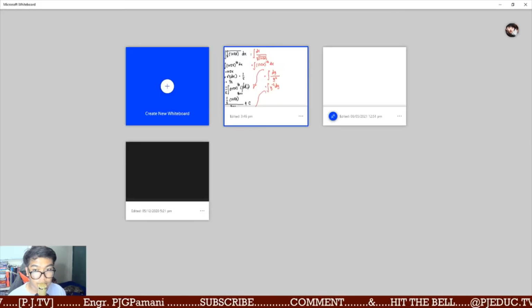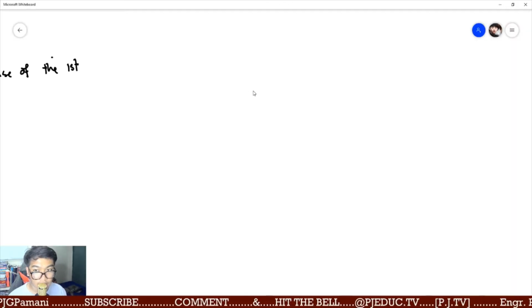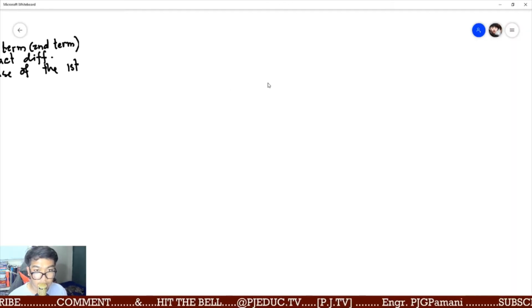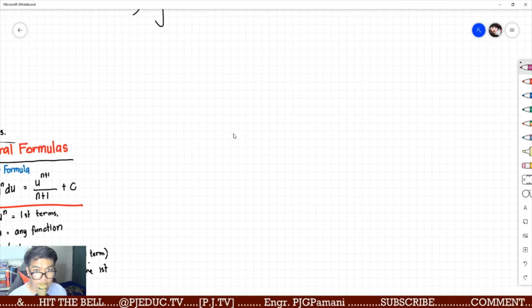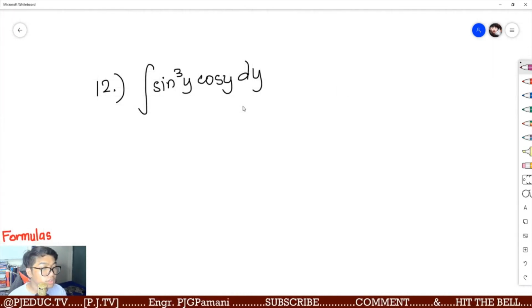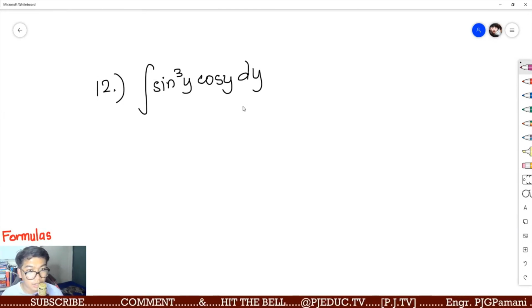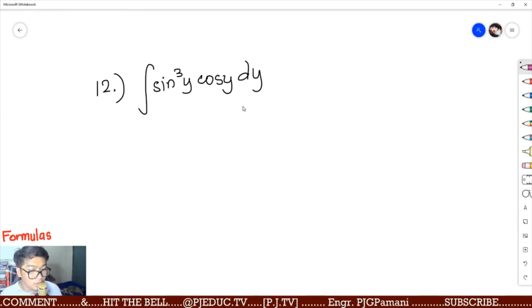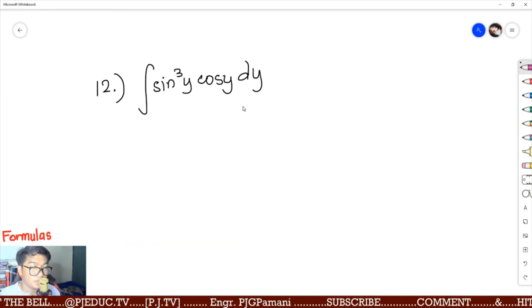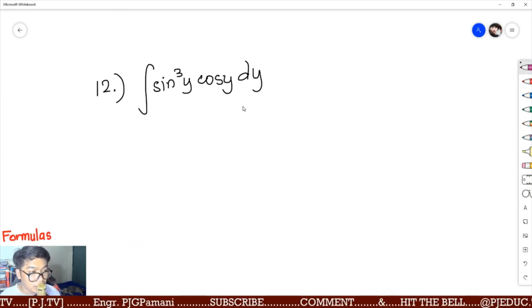Sine cube y cosine y dy. Remember your trigonometric rule under differential calculus. The derivative of sine is basically cosine.